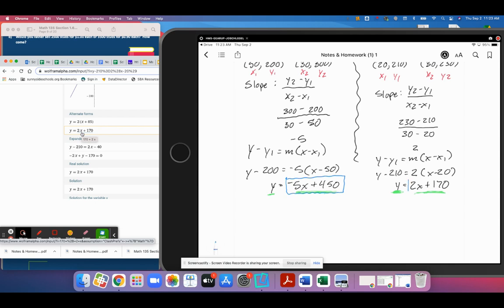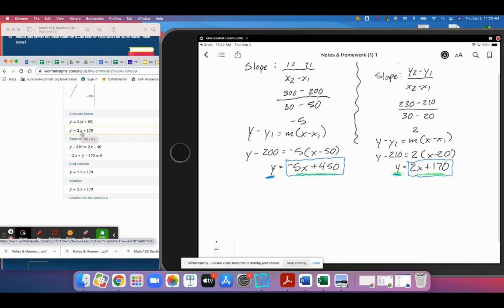The mathematical term for this, everyone, is substitution. We are going to substitute these in for their respective y values because they are both equal to y, so they must be equal to each other. So bringing those two things together, we're going to have negative 5x plus 450 is equal to 2x plus 170.